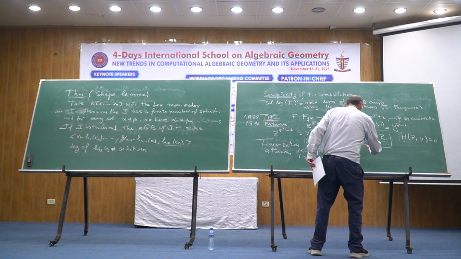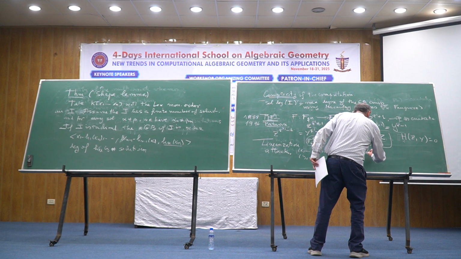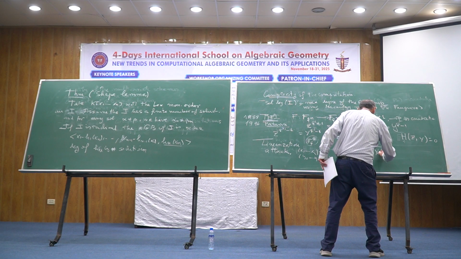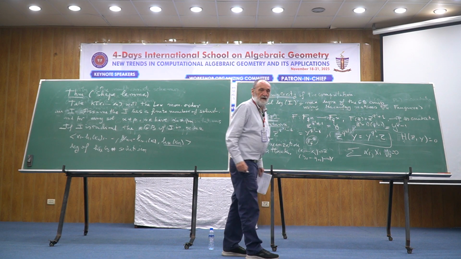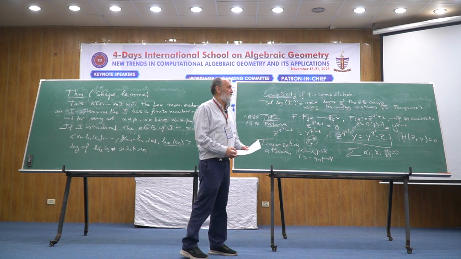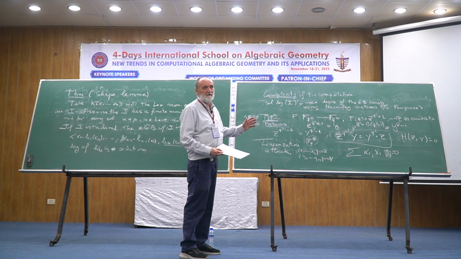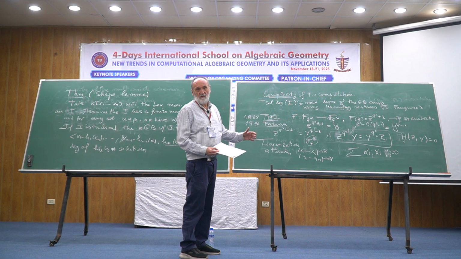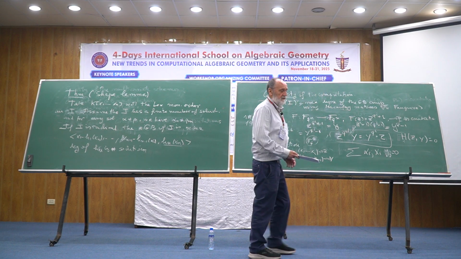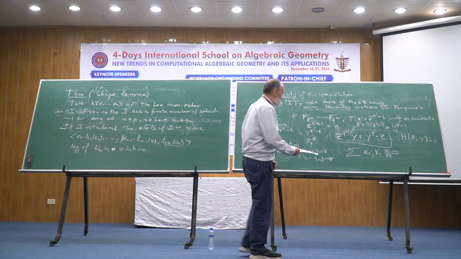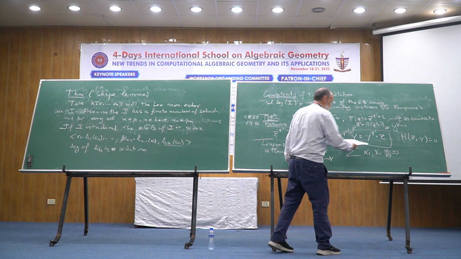So we will have a family of equations, sum of alpha_ij x_i y_j equal to 0. In principle, because of the secret key, we don't know what these coefficients are, but we know that these equations exist.